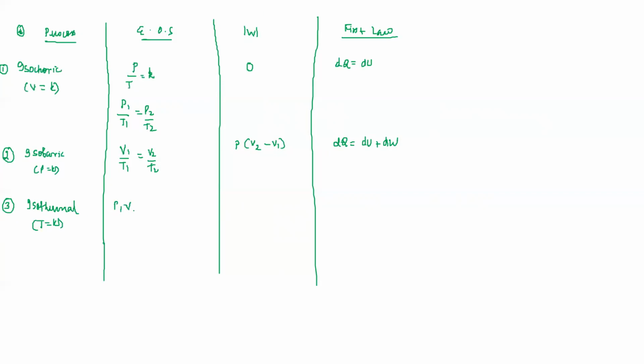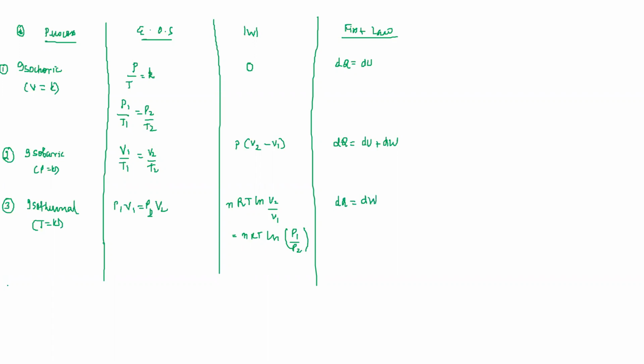So the equation of state becomes P1 V1 is equal to P2 V2, or PV is equal to K. Work done in an isothermal process is equal to nRT ln of larger volume by smaller volume, which can also be written as nRT ln of larger pressure by smaller pressure. And over here du is 0, so you will get dq is equal to dw.